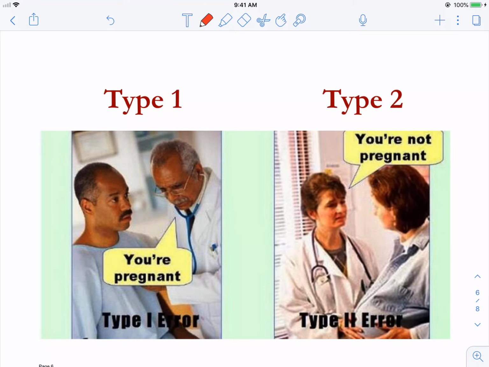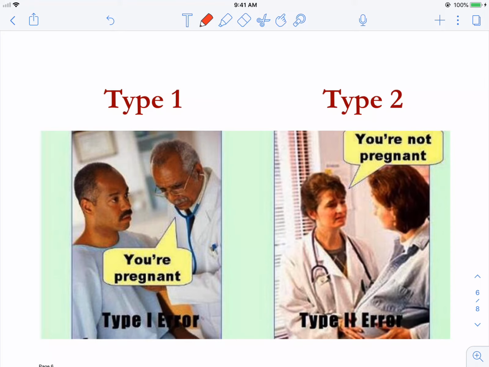if an error exists. There's another little meme that shows you what the type 1 and the type 2 error would be. Type 1 error: you have accepted the alternative hypothesis, but really the null hypothesis is true, so that would be like this doctor telling this man that he's pregnant.